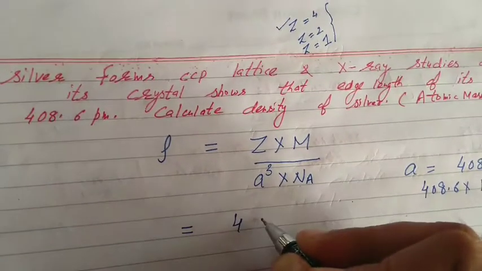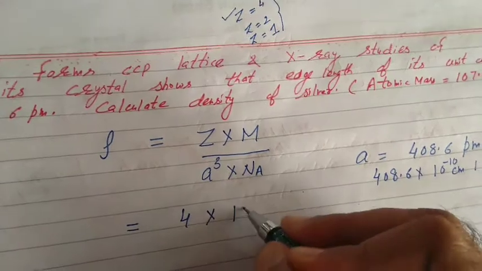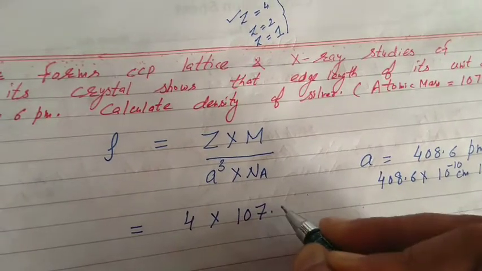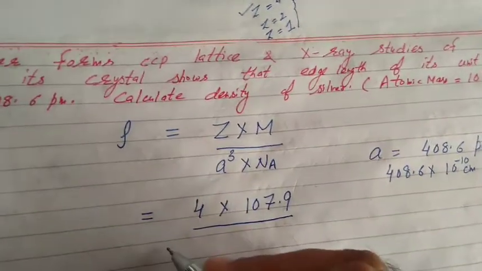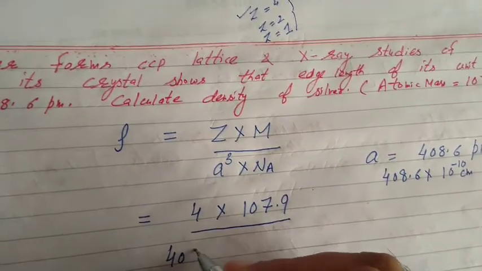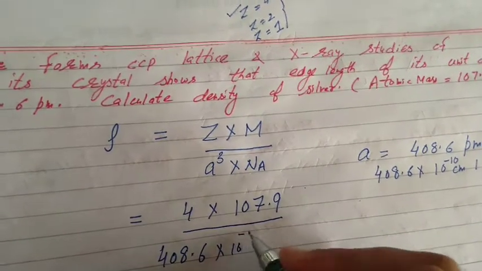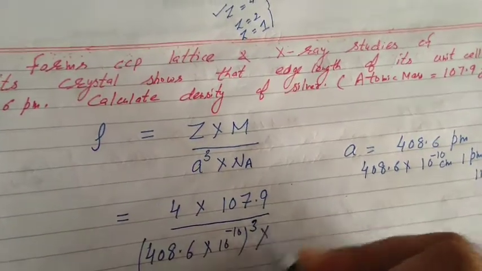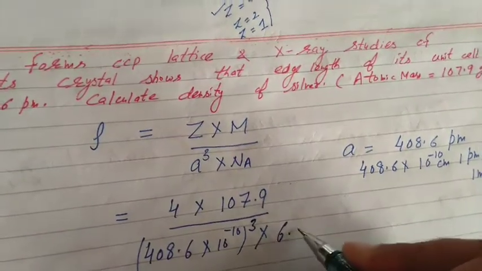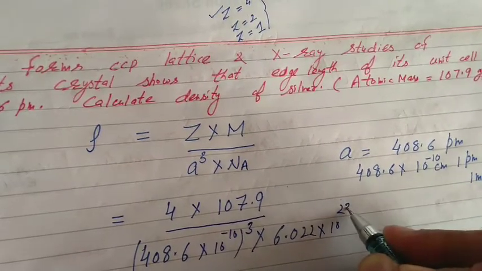Z 4, M is mentioned in the question and it is 107.9, upon A cube, that is 408.6 into 10 to the power minus 10 cube into Avogadro's number 6.022 into 10 to the power 23.